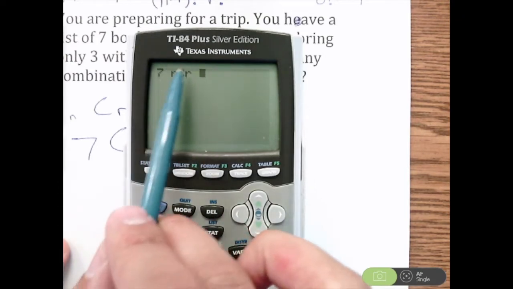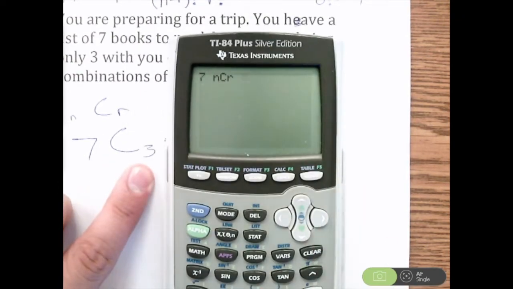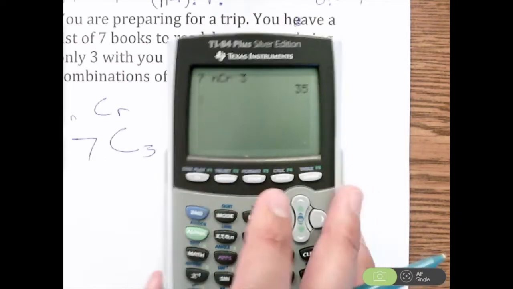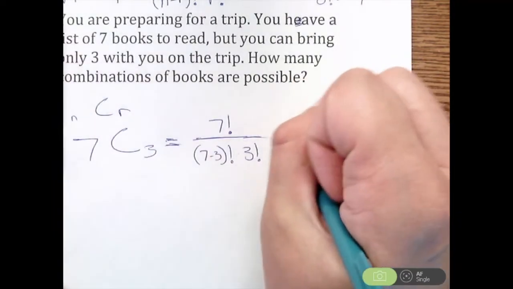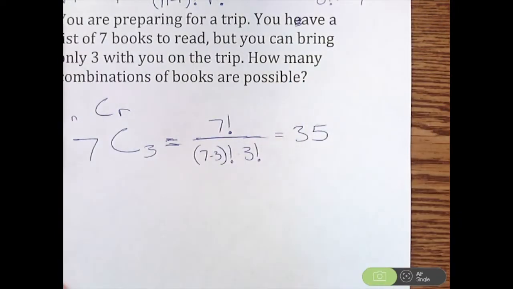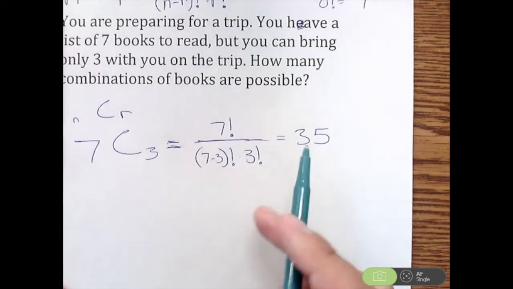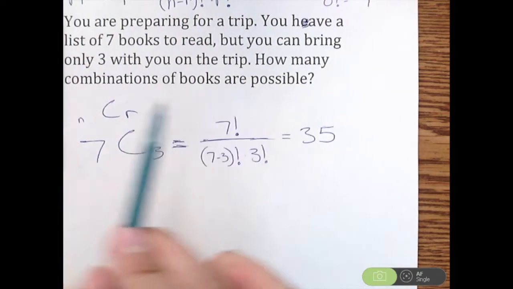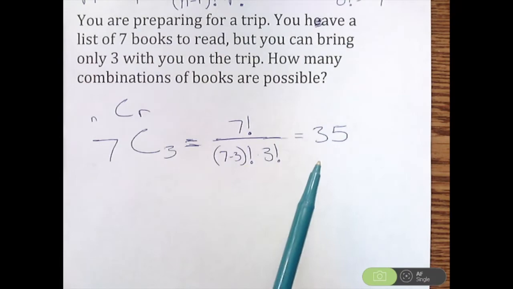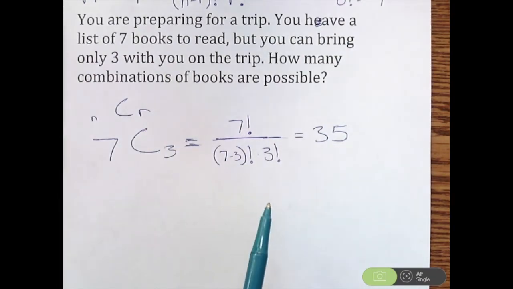So we have 7 nCr 3, hit enter, and we get 35. So there are 35 different combinations of 3 books I can get from 7 books total.